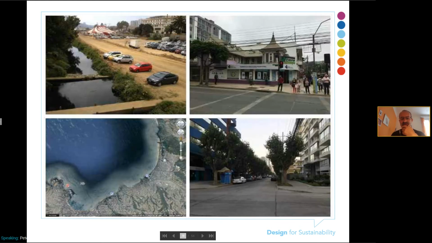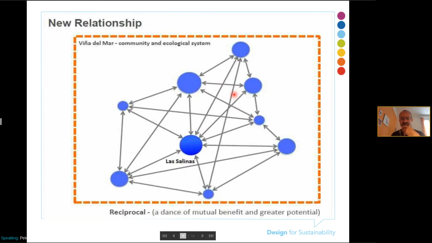However, development has taken over and degraded the environment, where estuaries and streams were just built over, with really faceless high-rise buildings, problems in the bay, and related social problems, really social disconnection.